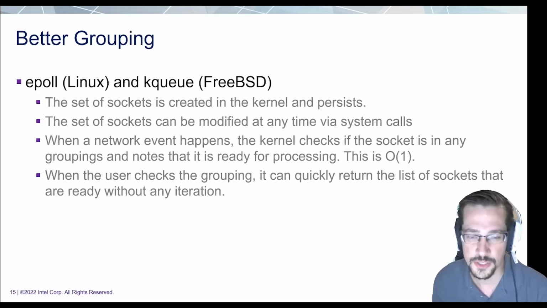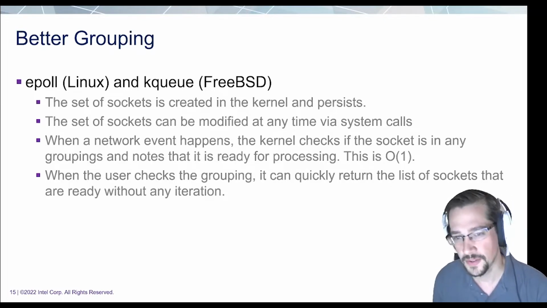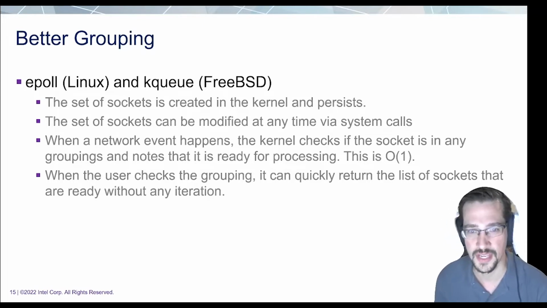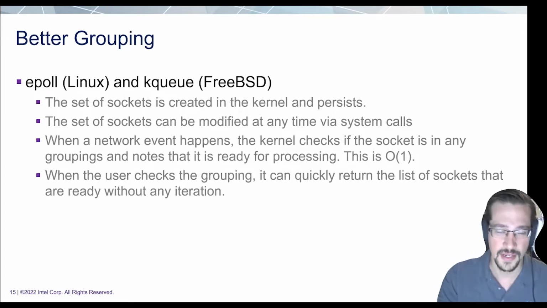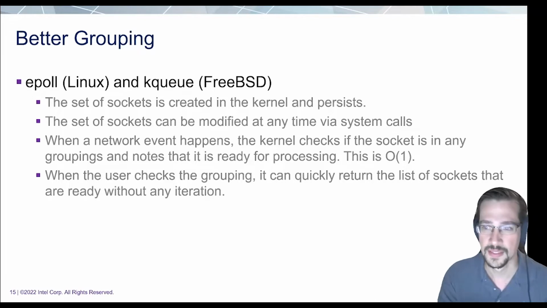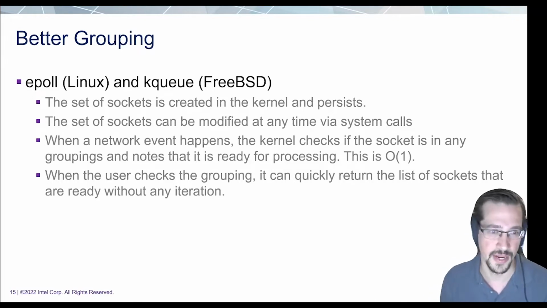And if it is, it just makes a note of that in some efficient way on the grouping. And note that that operation is O(1). It's not looping over anything. It just says, I got a packet for this connection. This connection points to this set of groups, usually one, and it marks that group as saying, hey, this socket is ready.